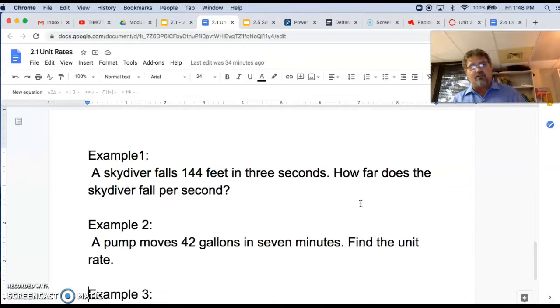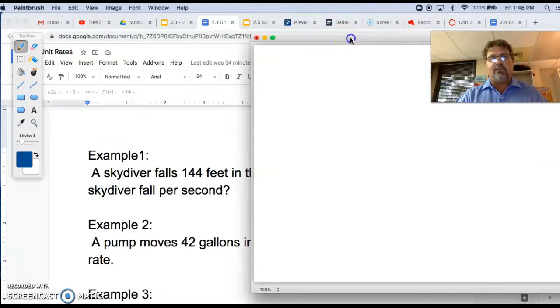A skydiver falls 144 feet in 3 seconds. How far does the skydiver fall per second? So this is us creating a unit rate. If we want to know the rate at which this skydiver is falling, it would be easier to view it as a unit rate.